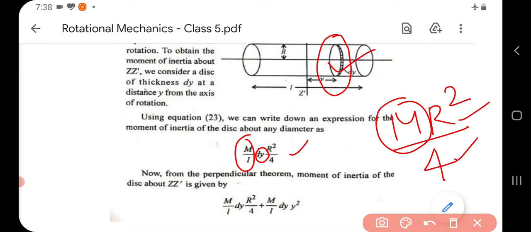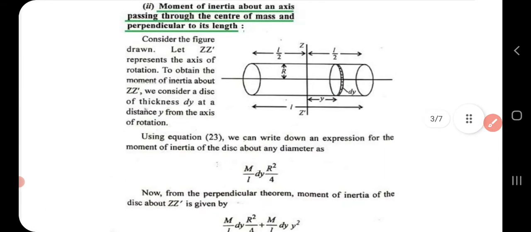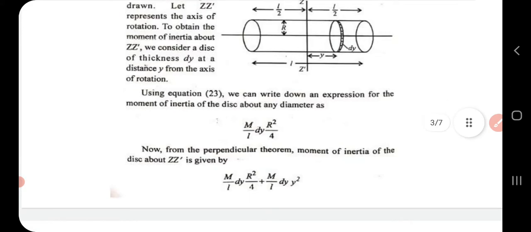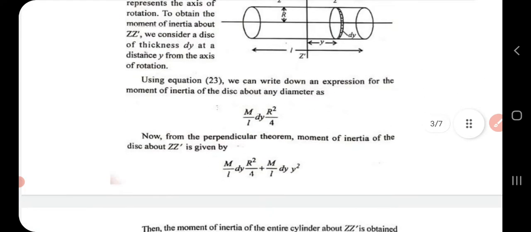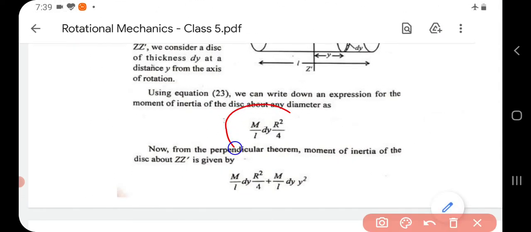Now apply the perpendicular axis theorem to get the moment of inertia about the axis of rotation z dash. So the moment of inertia about z dash will be the sum of the moment of inertia of the disk about any diameter plus one more term.